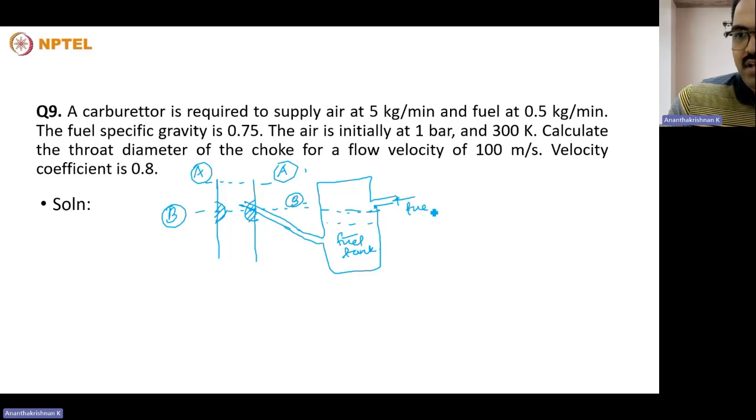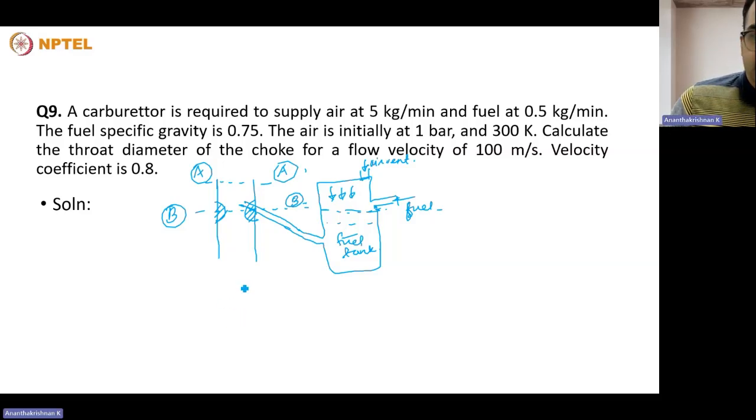This is the fuel inlet port that comes from the actual fuel tank. The air channel here will be exerting a pressure on top of the fuel, and this will be an air vent. This will make sure that it is the ambient pressure that acts here as well. So basically, it is the pressure difference that dictates the fuel flow at point B.